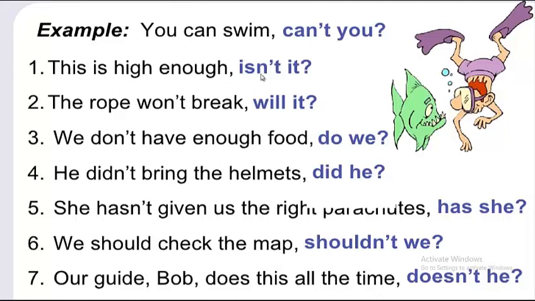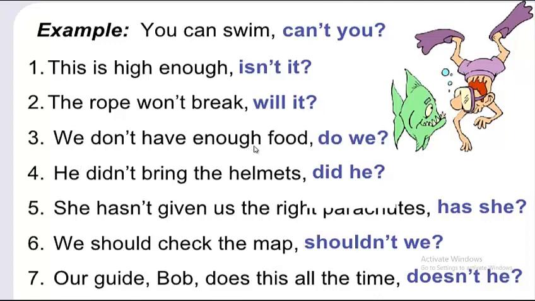Is, isn't. And the pronoun it. The rope won't break. The modal verb here is won't. The sentence is negative. So, the question tag is in positive. Will, won't, will, followed by the pronoun.